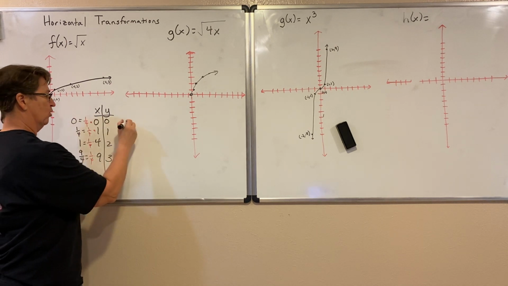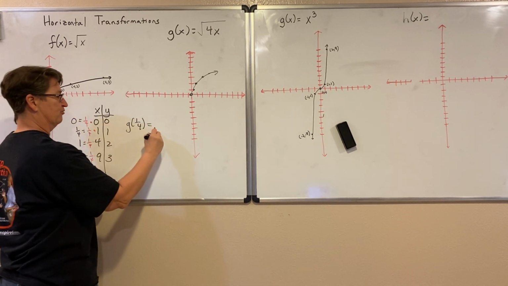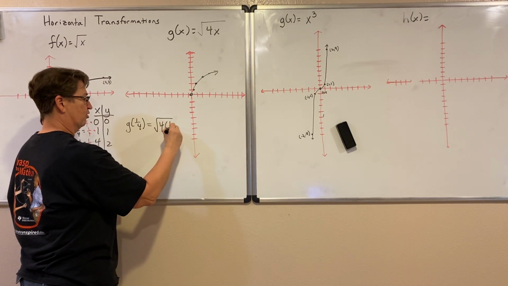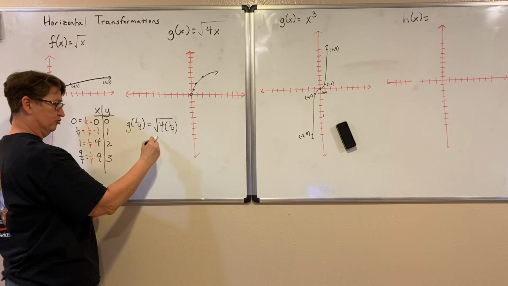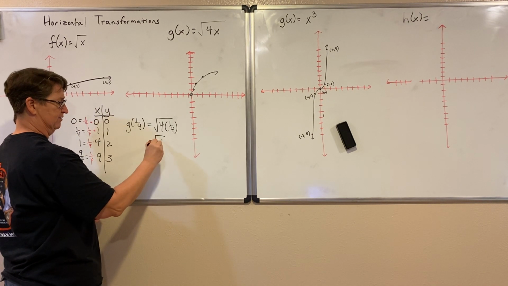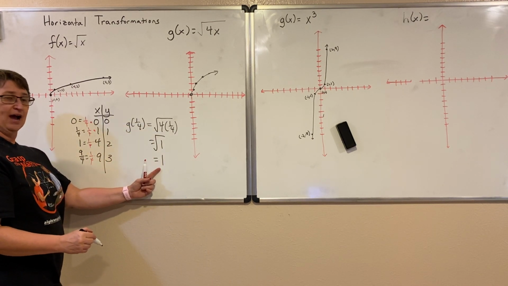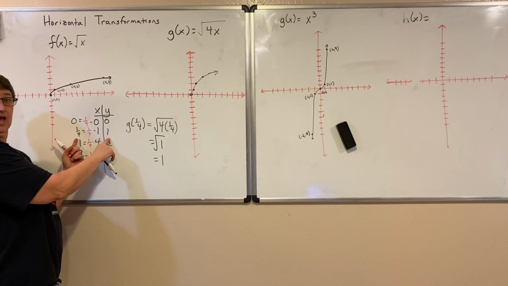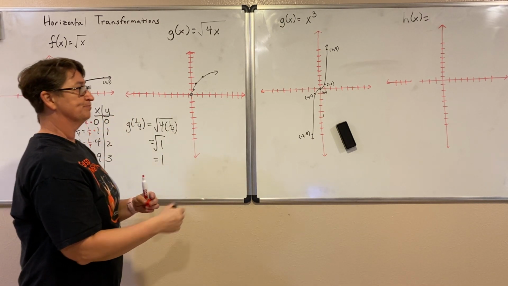So I'm going to take that 1/4 and substitute it in for x. 4 times 1/4 is equal to 1, and the square root of 1 is equal to 1. So when I inputted 1/4, I got out 1. That's what we said was going to happen. So it really did graph that function.